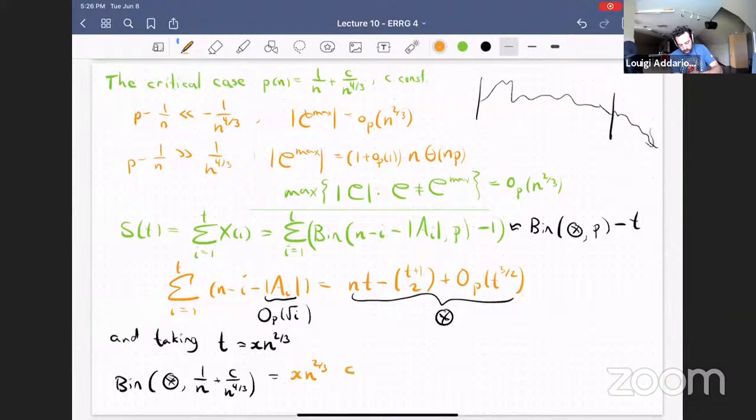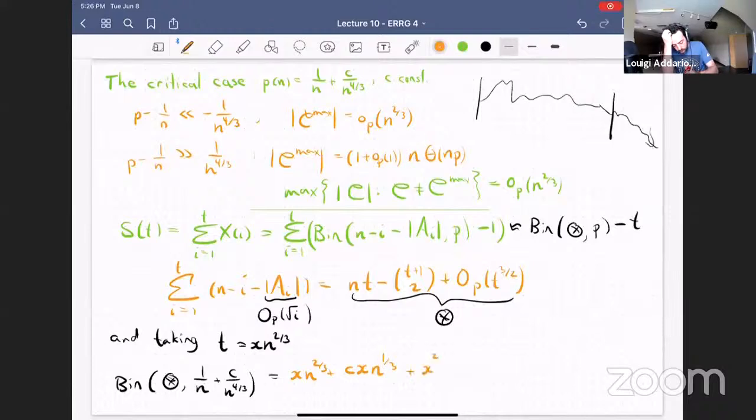like a constant x. So the constant c from this c over n, x from t, and then n to the 1/3. Okay, and then we should look at this t choose 2. So that's giving us an x squared n to the 4/3, which will kick out a plus.